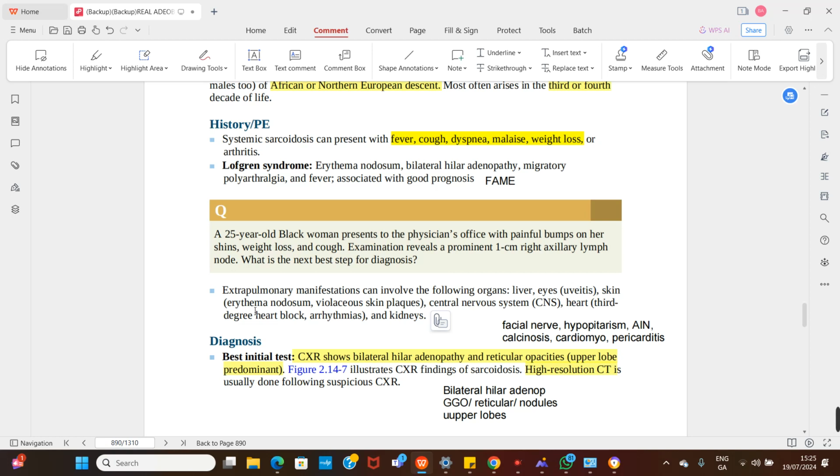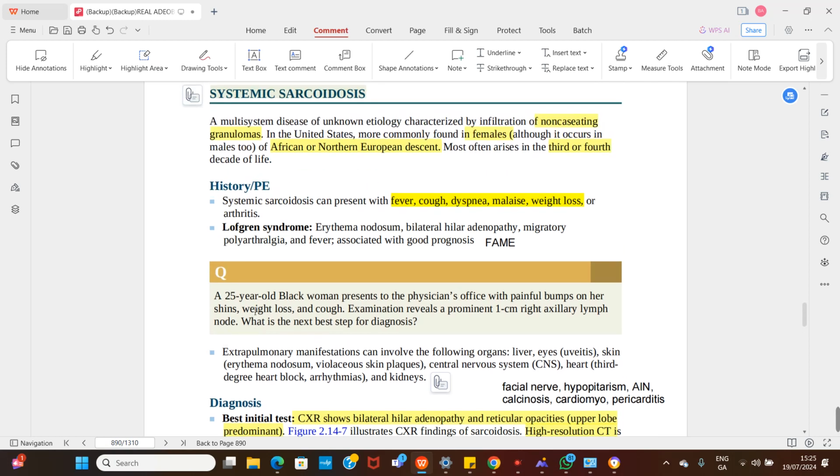Who remembers the cause of it? I don't want to drag us. The CNS can be affected; they can have some cranial nerve palsy. It can affect the heart, third degree heart block from the granulomas, arrhythmias. It can affect the kidneys. So that's that about sarcoidosis.